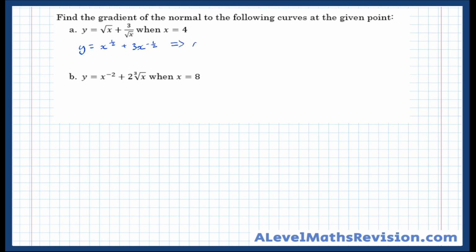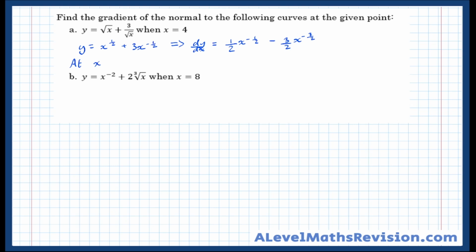So that means that dy by dx equals, and differentiating that, I get a half x to the minus 1/2 times by the power, take 1 from the power, minus 3 over 2 x to the minus 3 over 2. Again, times by the power, take 1 from the power.